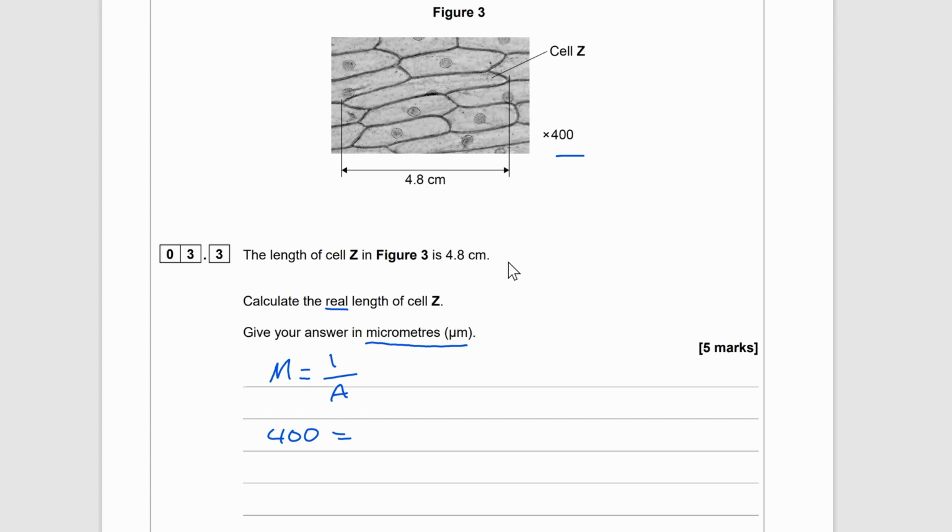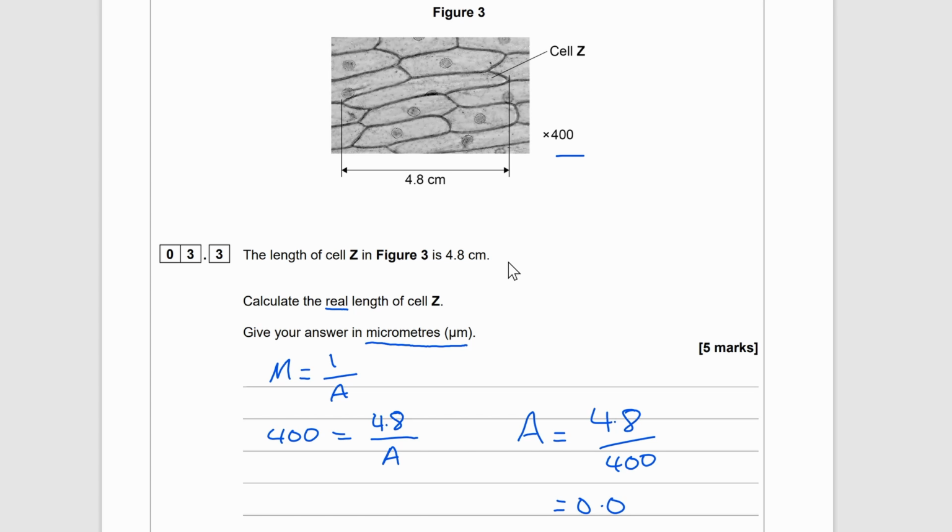The image length we have given, which is 4.8 centimeters, and the actual length we don't know. It's what we need to try and work out now. So we would need to rearrange the equation and try and figure out what A is. So we can do that where A is equal to 4.8 over 400.